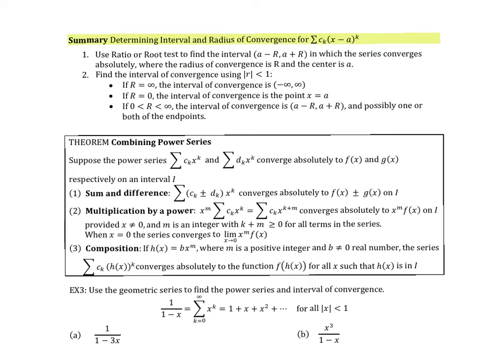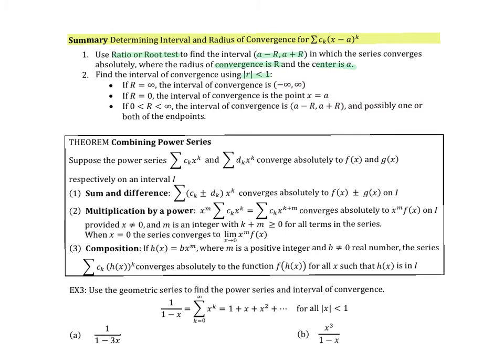Let's do a little bit of a summary. When you're determining your interval and radius of convergence, you're going to use the ratio or root test to find your interval, where A is your center and your radius of convergence is R. So we're always using this property that absolute value of r less than 1, the convergence from geometric series. And then we have these 3 possible cases.